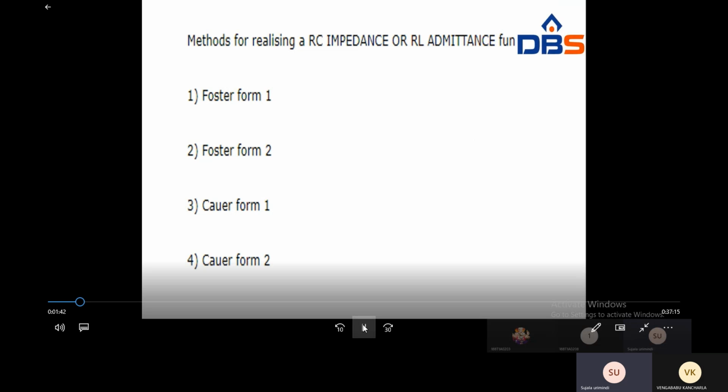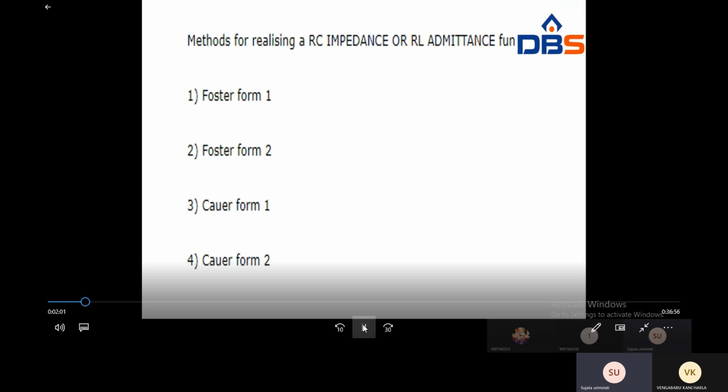So the network to be synthesized is either RC or RL or LC, whatever it may be. When the network is to be synthesized, there are a number of methods for synthesis of a one-port network.